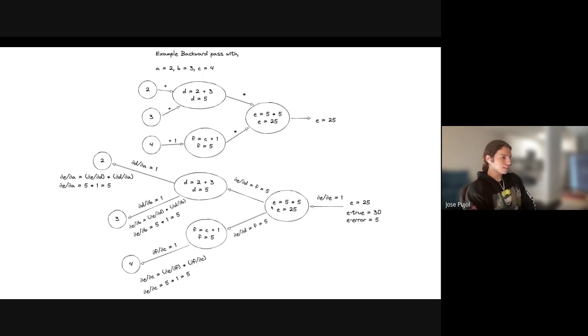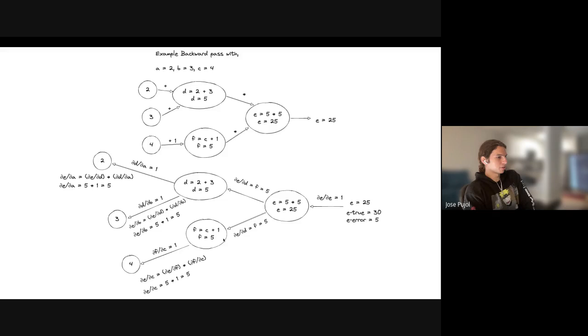And then you flow backwards to say, okay, what is the partial derivative of E with respect to D over here? Well, if you perform that computation, you're going to see that it just ends up being F, which is just 5.